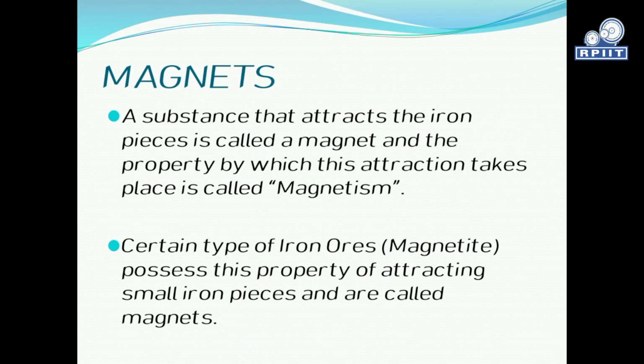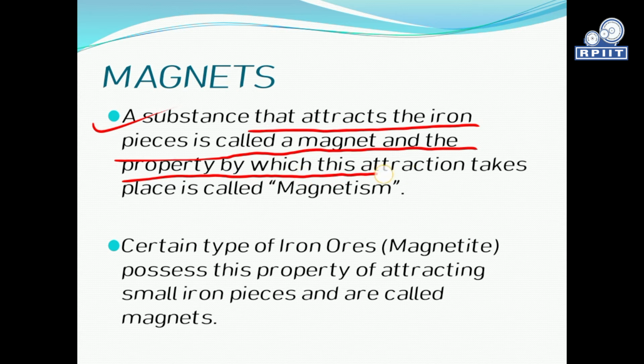Now we will discuss magnets. What are magnets? A substance that attracts iron pieces is called a magnet, and the property by which this attraction takes place is called magnetism.